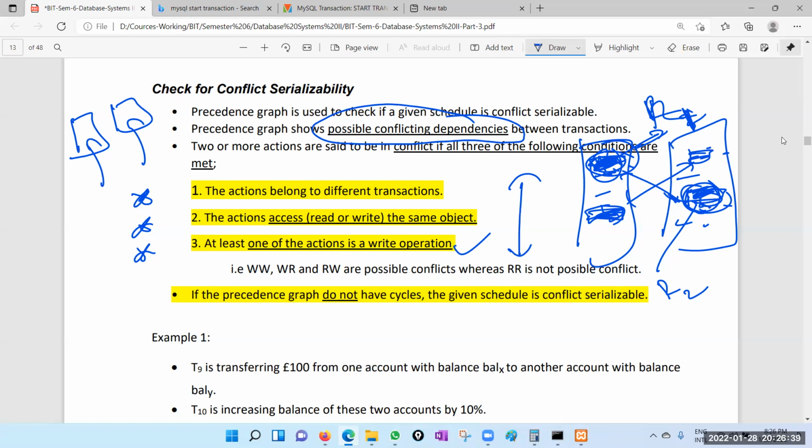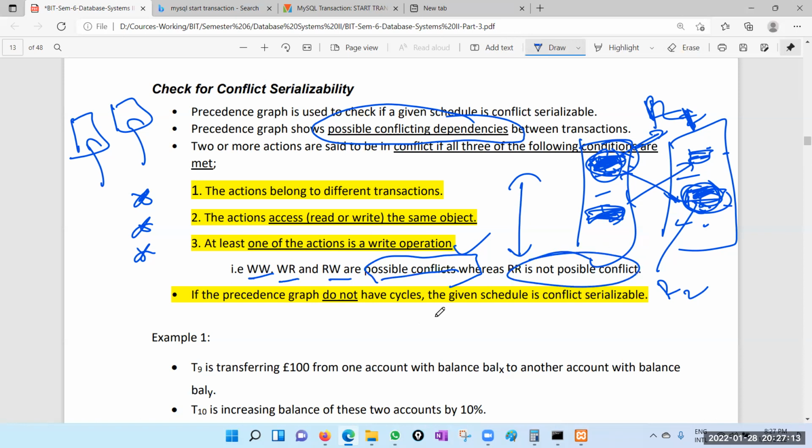We are not saying that they are always conflicting, but that possibility is there. So what are the 3 things? They must belong to different transactions. They must work on the same record. And one of the actions must be a write action. Read-read is not conflicting. So write-write, write-read, read-write are possible conflicts if they belong to 2 different transactions, but read-read is not a possible conflict.